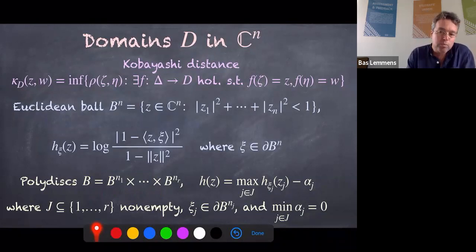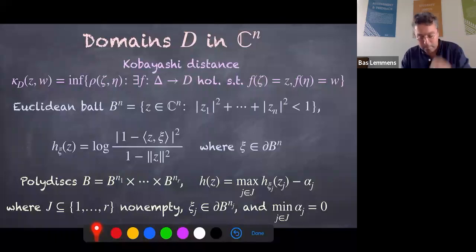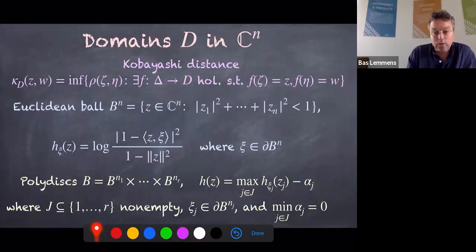Then actually the product property of the Kobayashi distance allows you to show that quite easily: the Horo functions are given like this. So h of z is the maximum over j in some index set J of these functions h_ψj evaluated at z_j, where z_j lives in the ball B_nj, minus some constant alpha_j, where this constant is non-negative.